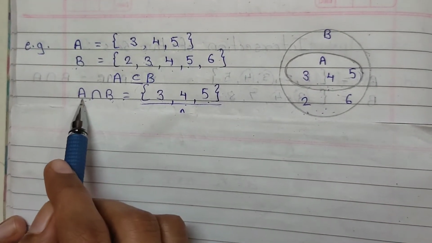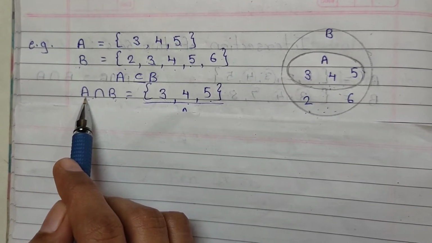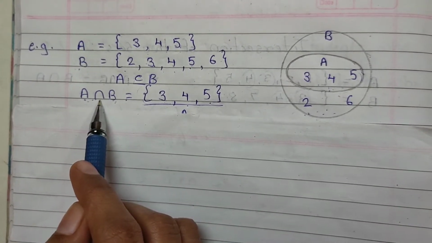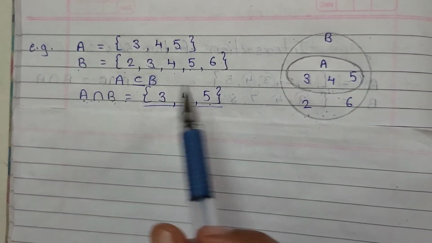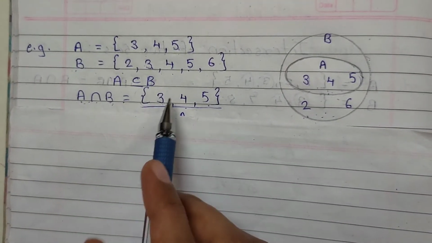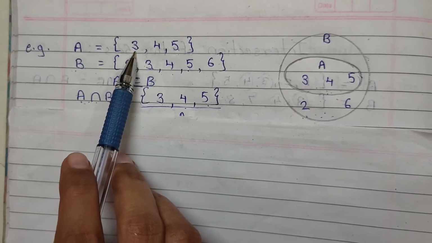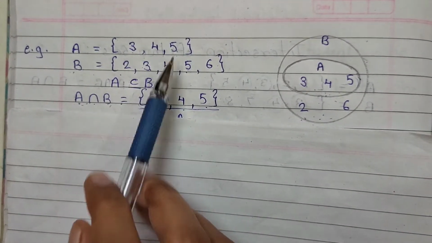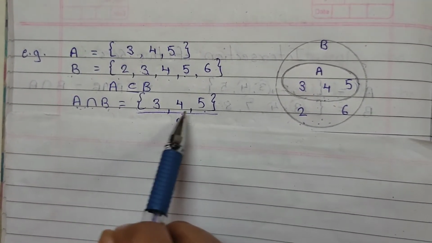If we find intersection of A and B, means common element of set A and B, what we will get? Which are the common element here? 3, 4, 5. So I have written here.